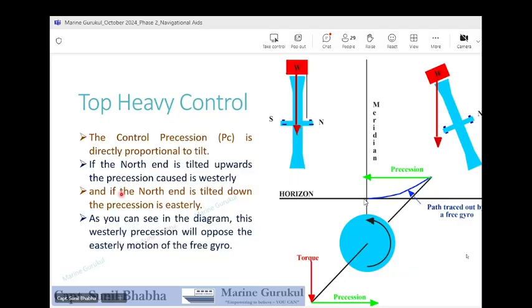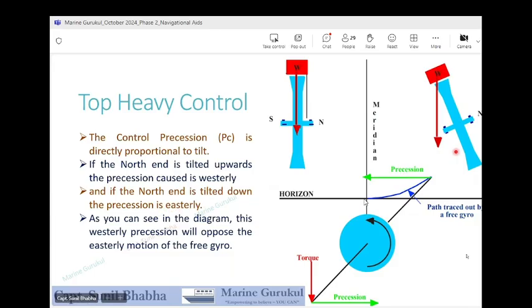Now we can easily understand that in a case if the north end is tilted downwards, the precession generated will also be exactly opposite, and in this case the precession which is generated will be easterly.